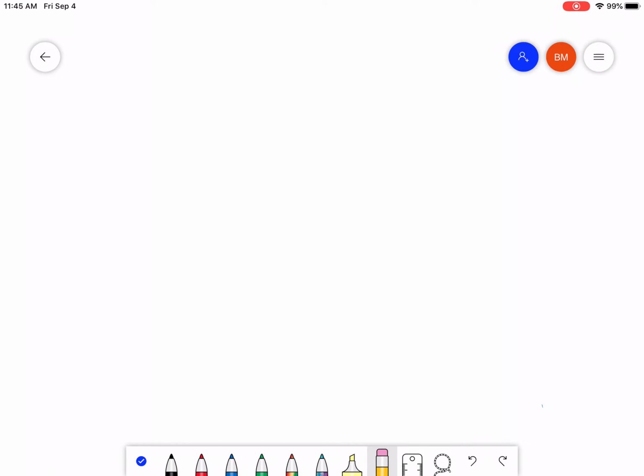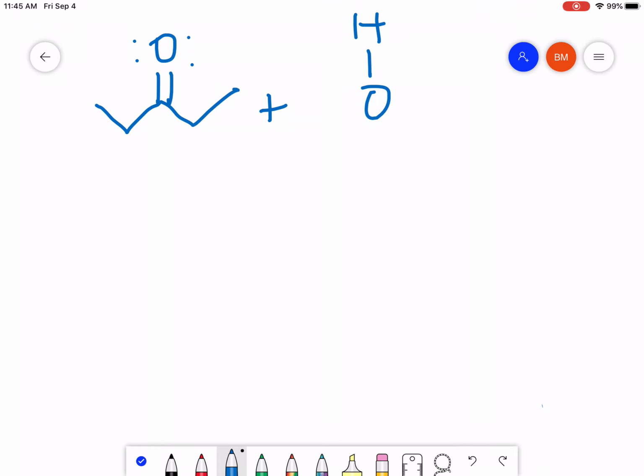Let's try another one. Let's try this one. In this case, we have hydronium ion, H3O plus, reacting with the one on the left. That is actually a type of molecule called a ketone. And this is going to be a case where we can sort of mix the two definitions of acids and bases, right?